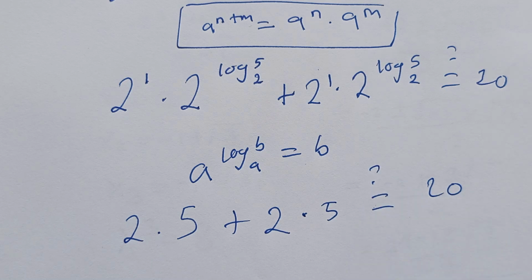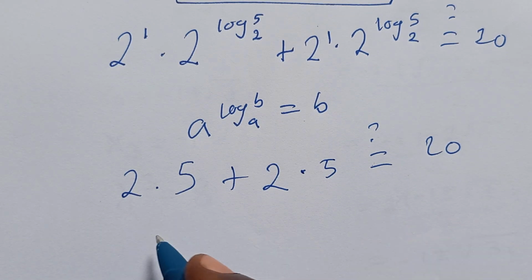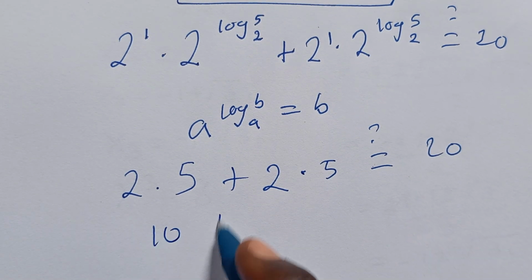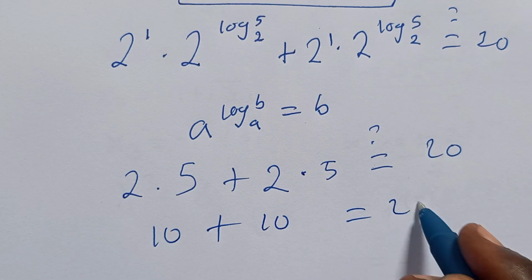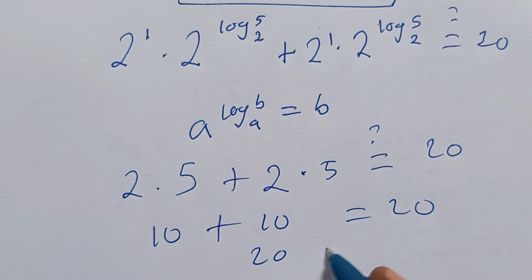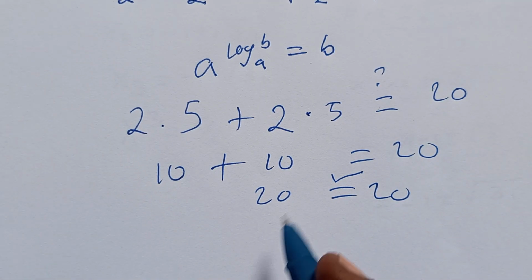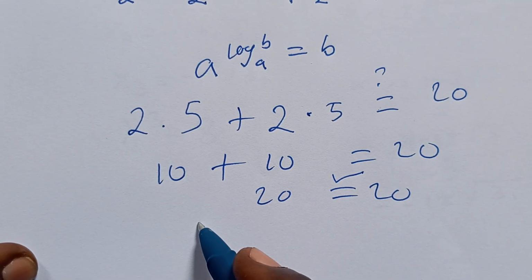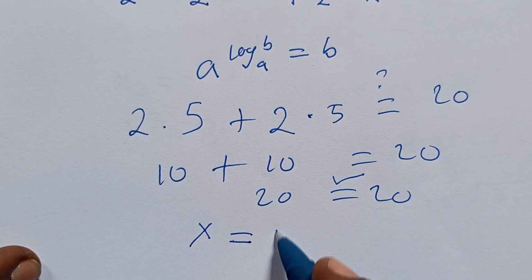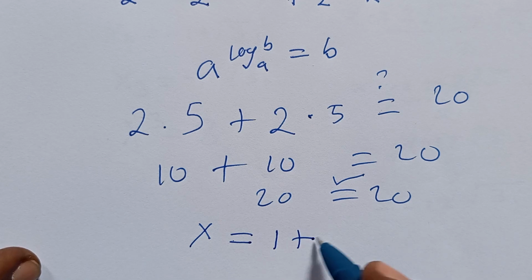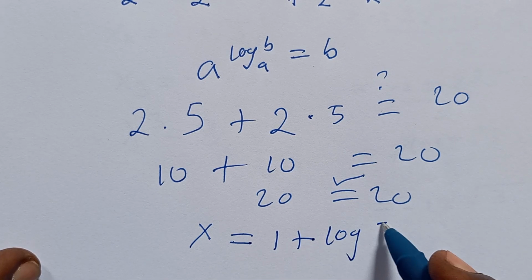We want to check if it's 20. So this times this, of course, this is obvious, 10 plus 10, which is equal to 20. So 20 equals 20. The left hand side equals the right hand side, which implies our x is truly 1 plus log 5 base 2.